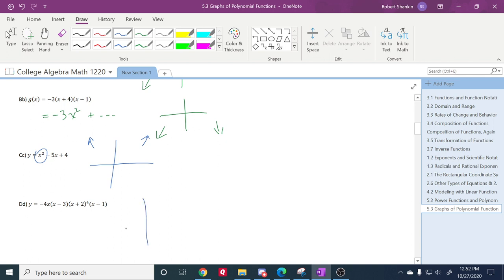And for this next one, we have to imagine that we've FOILed all this out. But that's not hard, because all we have to do is get the first term right. It's going to be negative 4, x to what power? There's 4, 5, 6, 7 x's. Now, it's got other things after that, but we don't care as far as end behavior goes.